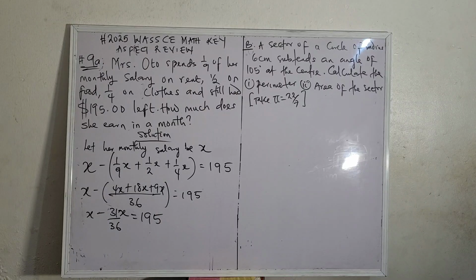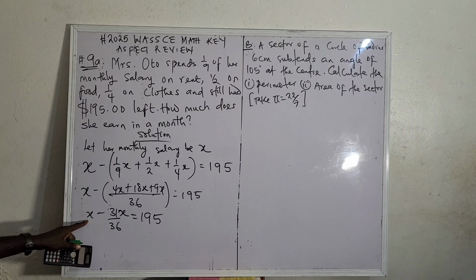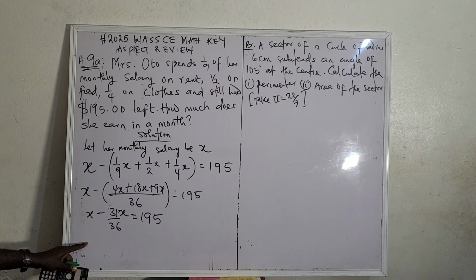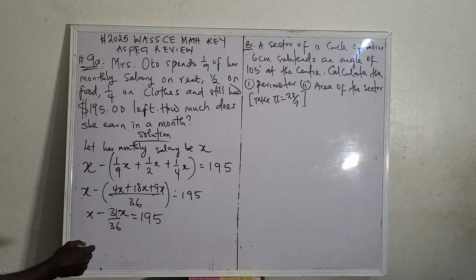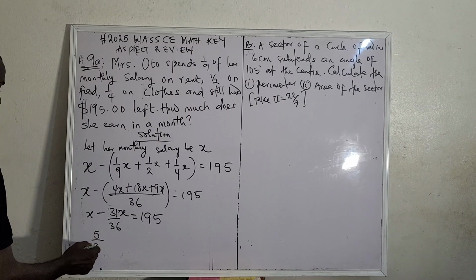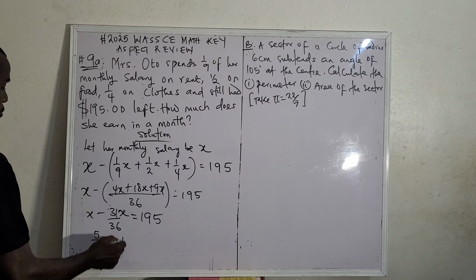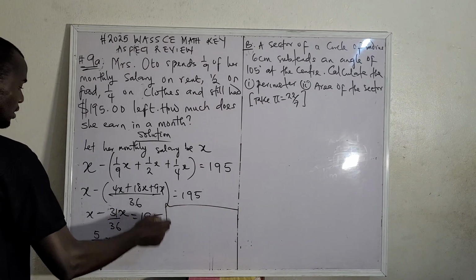All right. From here, this is like saying 36x over 36. If you take away 31 from 36, that will be 5. So this is 5 over 36x equals 195. All right. Let me conclude it here.